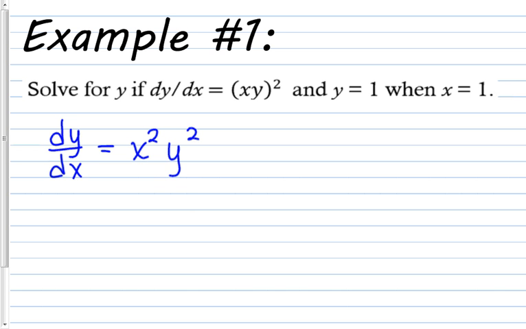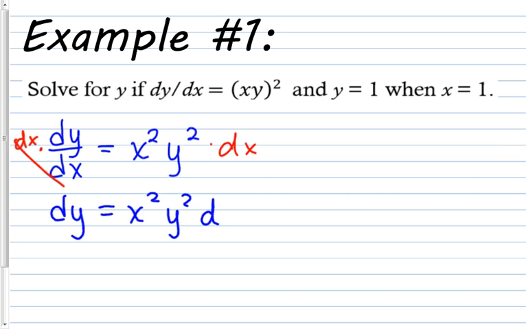Okay, so you can look at this as proportions if that helps you to see that you can cross multiply to move the dx. And that'll help sometimes when, for example, the right side of the equation is also a fraction, but right here, it's good enough just to multiply by dx. So that goes away. So dy equals x squared y squared dx.